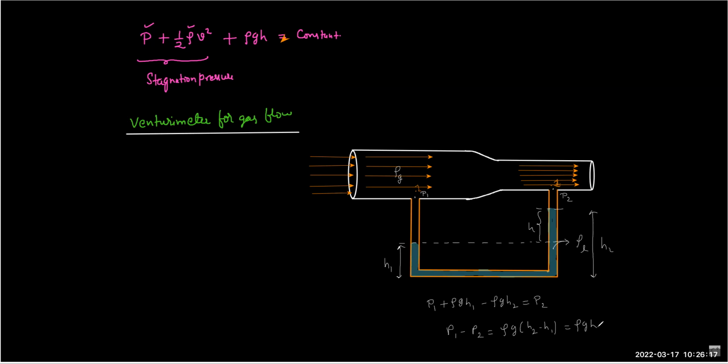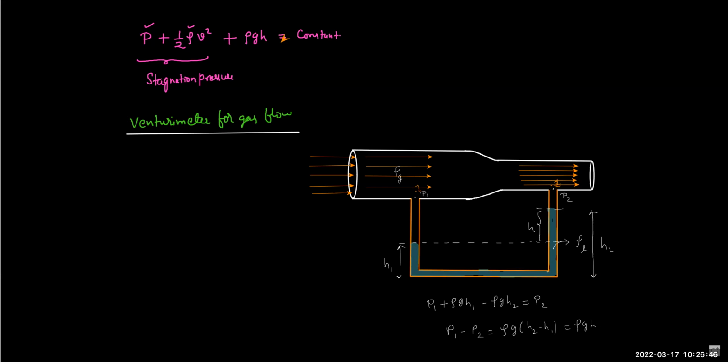So the whole purpose of the tube, the fitment of the tube in this venturimeter, is to calculate the pressure difference at the two cross sections where the tube is fitted. So the entry of the tube is at a different cross section and the exit of the tube is at a different cross section. So it means it will encounter two different pressures, and as a result, the liquid will rise or fall in one of the columns.